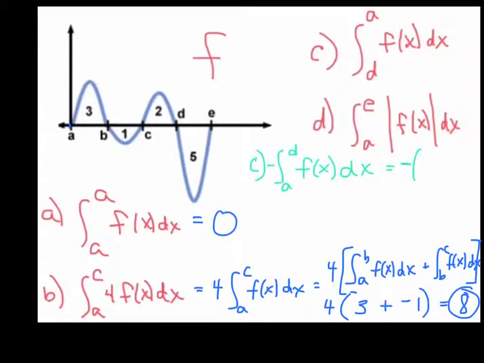I would say my positive areas are between A and B, which is 3, and between C and D, which is 2. So that would be 5. And then I'm going to take away my negative area of 1, so 5 minus 1 is 4. Negative of that is -4, my answer for letter C.